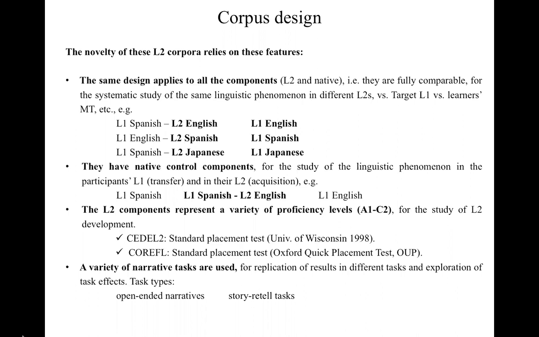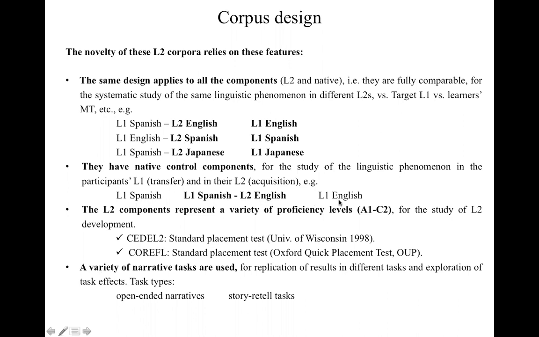Another novelty of the corpus family is that we have native components in terms of the learner's mother tongue, as you can see in the example here. So for the L1 Spanish, L2 English component, the learner's mother tongue is represented in one of the native components, and the target language is also represented in the corpus.